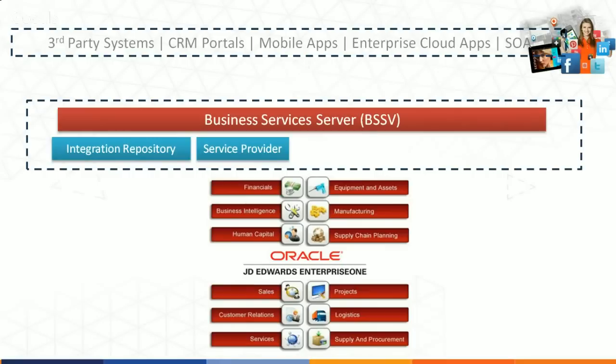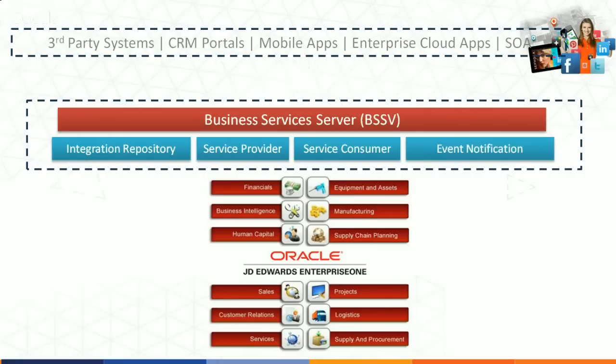So you can write provider services. Then you can also have service consumer. What that basically means is that your event server or your event applications, your ERP applications, can now consume a third-party service in real time.